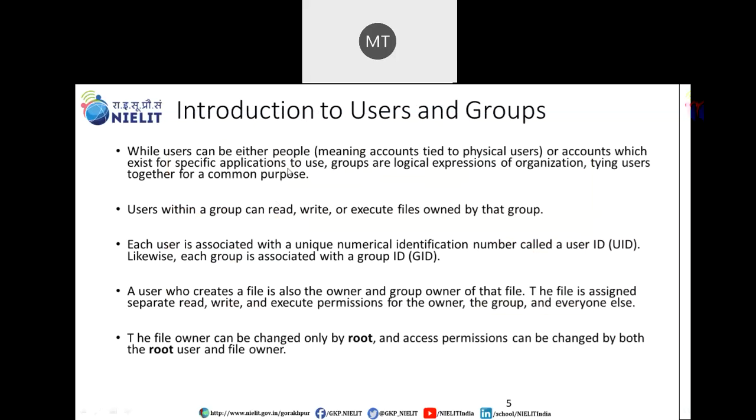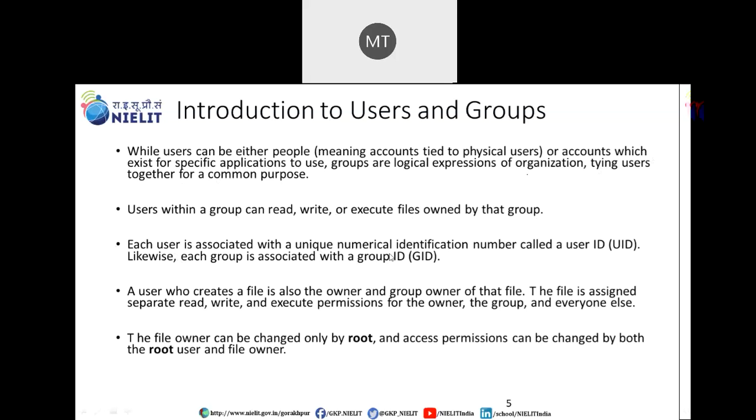Introduction to users and groups. While users can be people, meaning physical users, some accounts exist for a specific application to use. Groups are logical expressions of organizations tying users together for a common purpose. Users within a group can read, write, or execute files owned by that group.